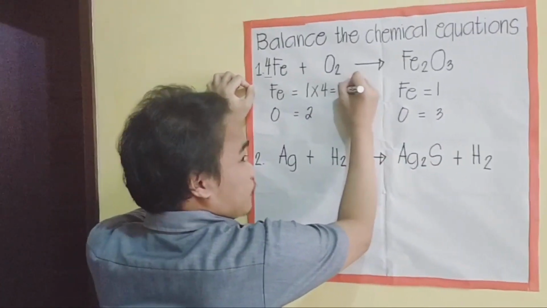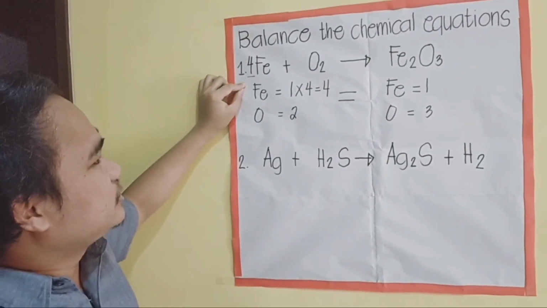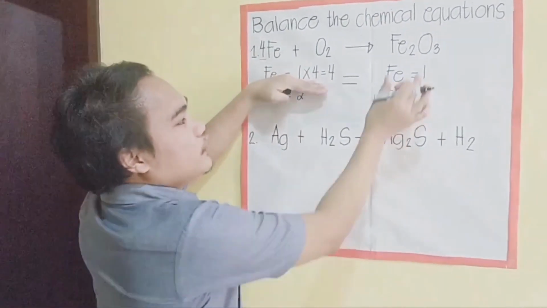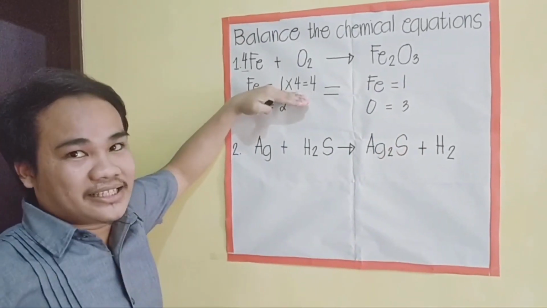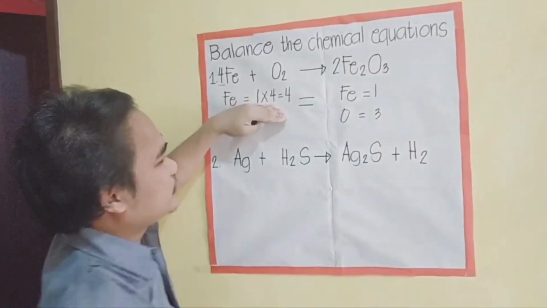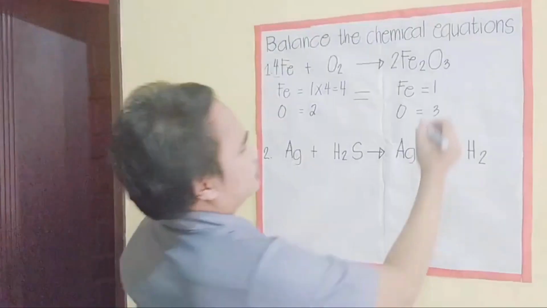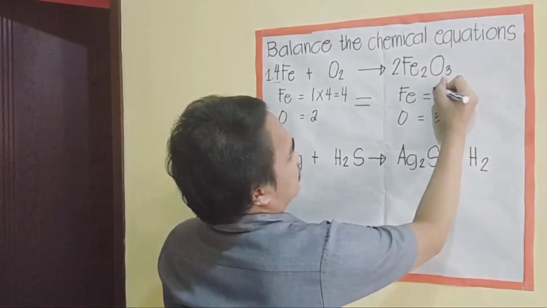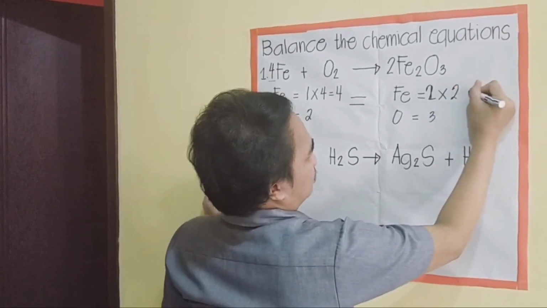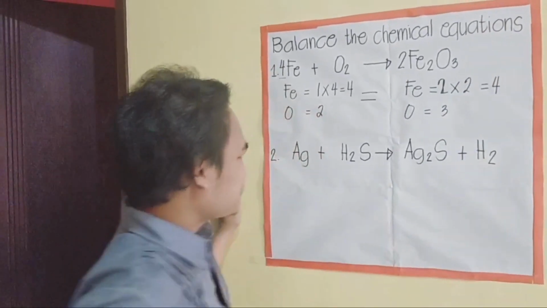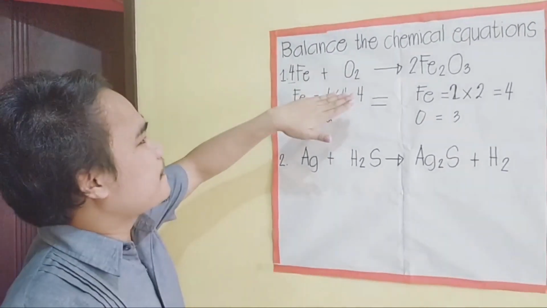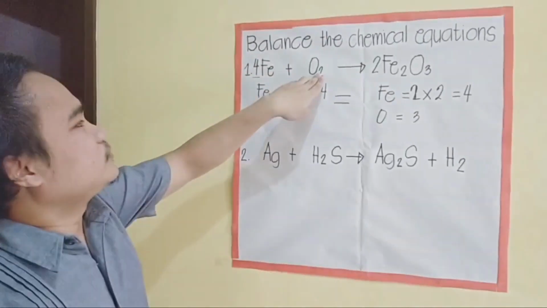equal to 4. And then since we have 4 at the left side, we should have 4 atoms at the right side also. So we are going to add 2. Therefore 2 times 2 is equal to 4. And then another, we have 2 oxygen.